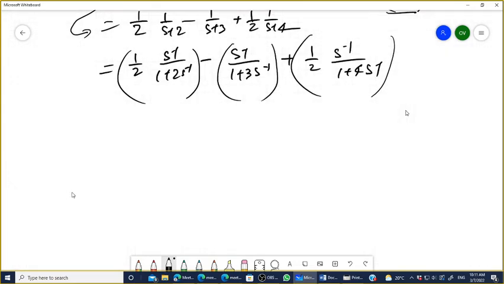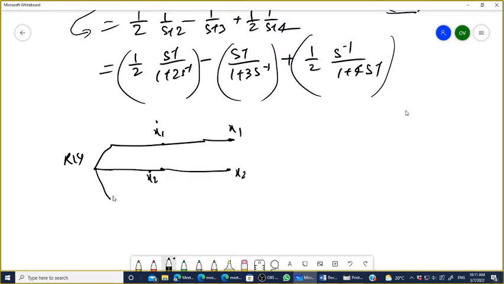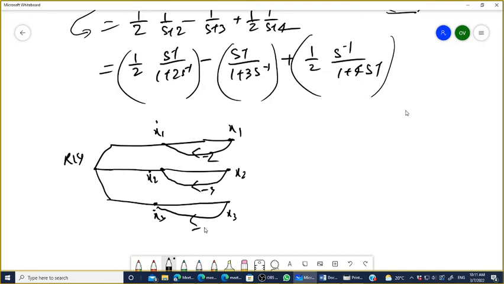So R(s), check. R(s) goes to x1 dot, x1, x2 dot, x2, x3 dot, x3. So this one is minus 2, this one is minus 3, please tell me, this one is minus 4.